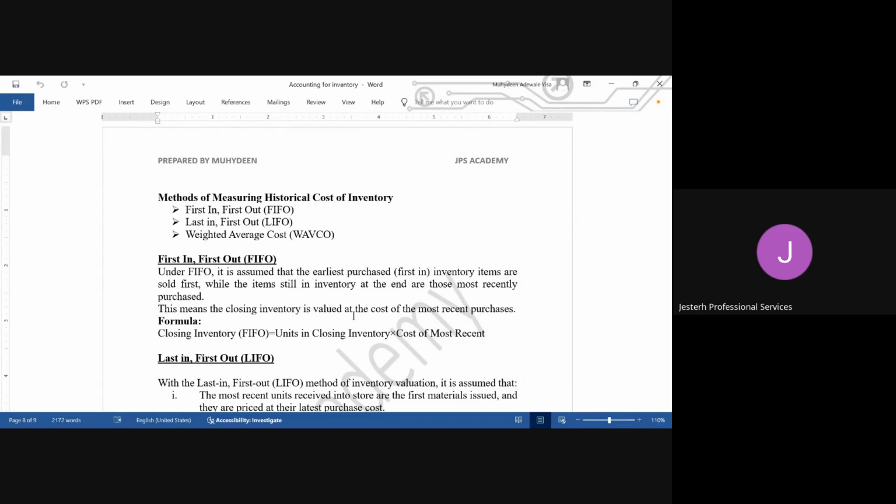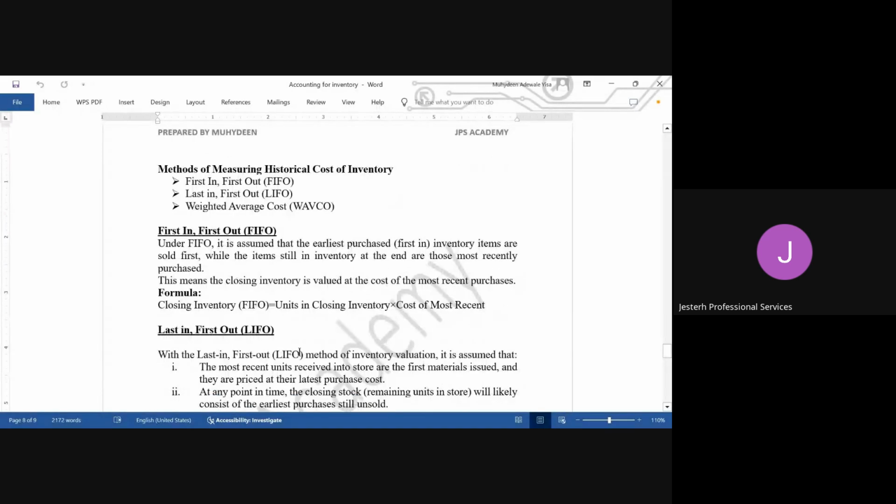And then we have different methods: first in, first out, last in, first out, and then we have weighted average as well. I'm just going to explain briefly so that we can go directly into the calculation to help us know how each of these valuation costs usually works.